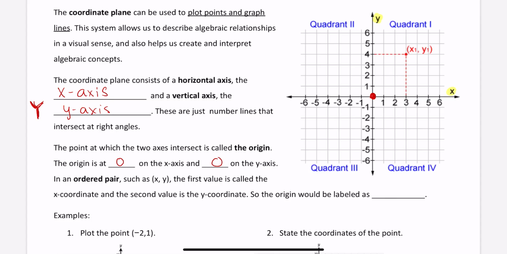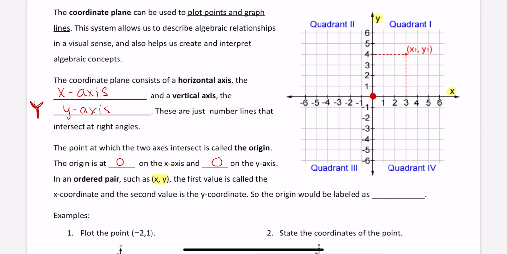Okay, as I talked about earlier, an ordered pair, such as x and y, we are going to use these to help us plot graphs and make tables. It is important to remember that your ordered pairs are always in alphabetical order. And ordered pairs are always in parentheses, so two numbers with a comma in between wrapped in parentheses. The first number in the ordered pair is the x value. So that represents where you move left and right across that horizontal axis.